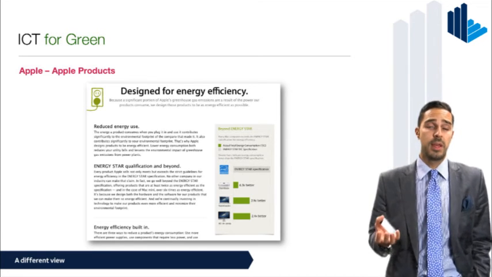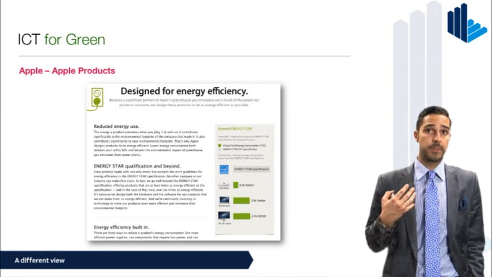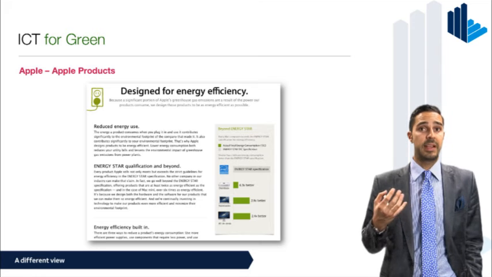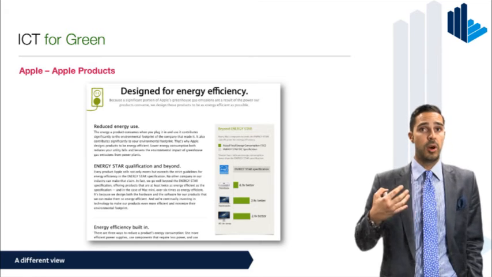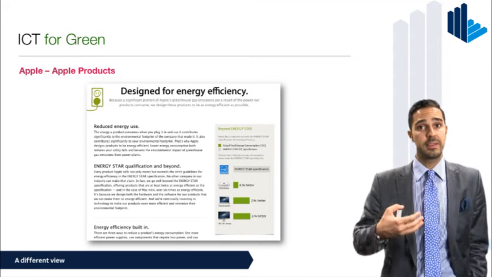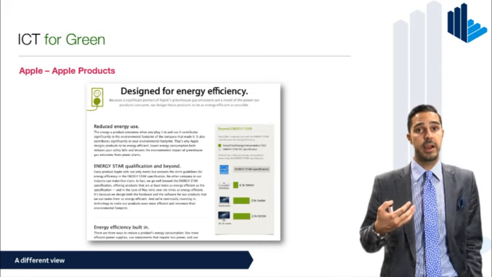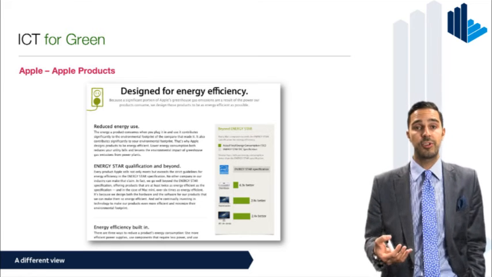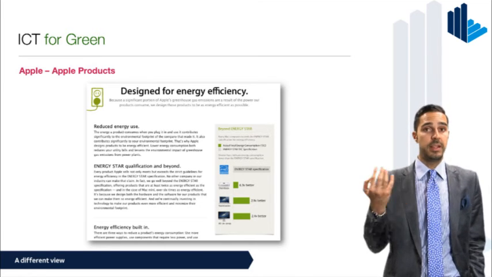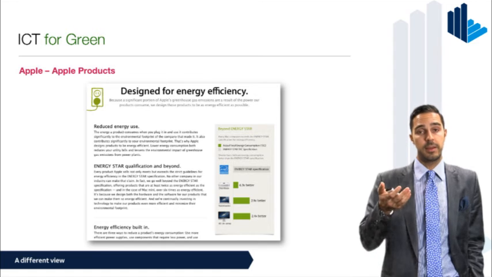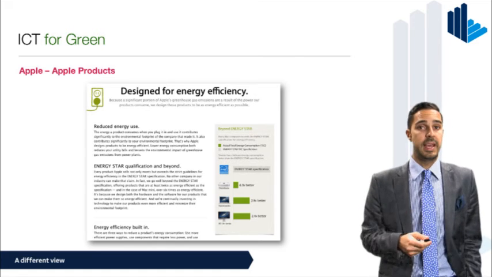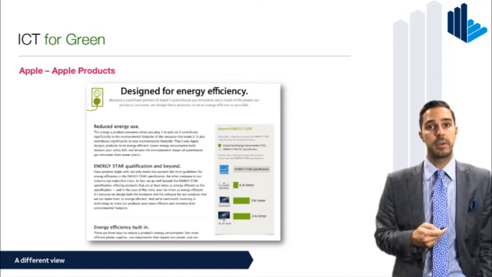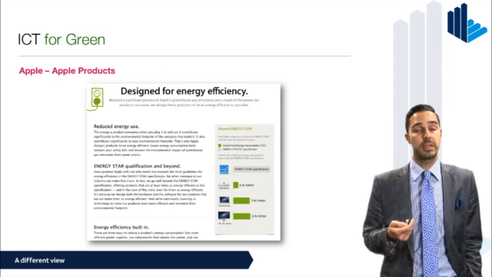And also Apple does a very clear disclosure on how the technology is improving over time, how they are investing in the technology, and how the new products perform better than the old products in terms of energy consumption.